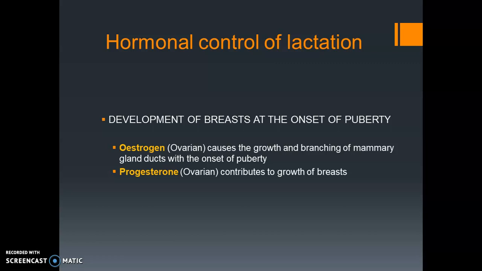There are two hormones which control the development of the breast at the onset of puberty. When a child attains puberty, the ovary will produce the hormone estrogen. The ovarian follicles produce estrogen, and estrogen is the first hormone that causes the growth and branching of mammary gland ducts with the onset of puberty.